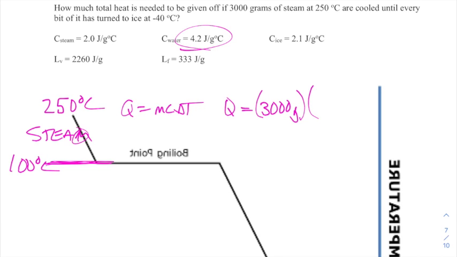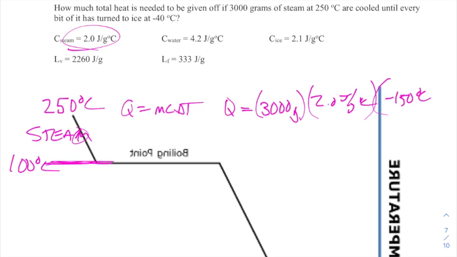Because it's steam, that's going to be 2.0 joules per gram degree Celsius. And we are changing by negative 150 degrees Celsius. So the Q for my first step is going to be 3,000 times 2 times 150, which is negative 900,000 joules, or negative 900 kilojoules.